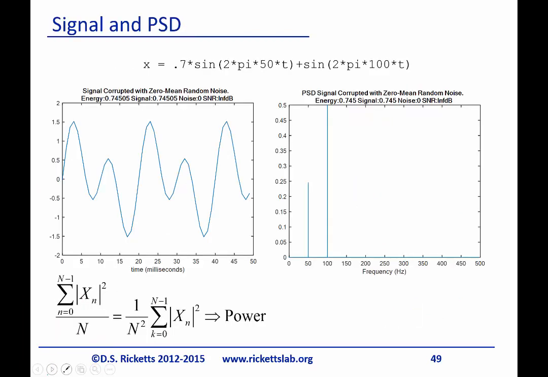Here I've used the normalized power that I showed you before. And you can see right off the bat we have the same time domain signal, but let's look and see what we have here in the frequency domain. So we clearly have the energy of our base signal, which is 0.5, as we'd expect. And then let's take a look here. So I mentioned before we would do this.